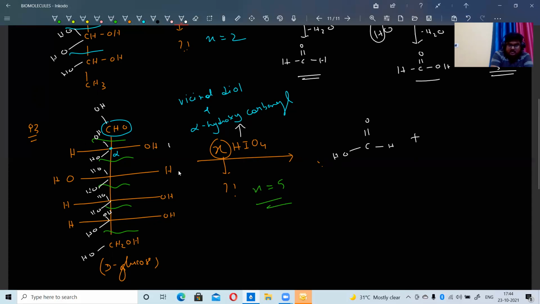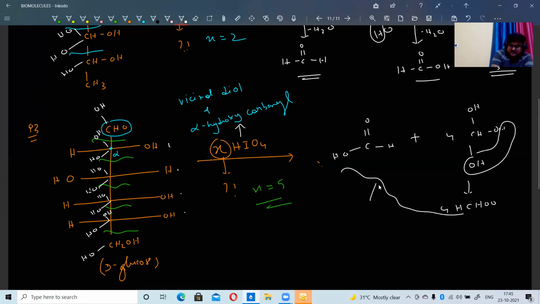In this case, 1, 2, 3, 4, 4 cases, you write down this way. OH is present, another mole of OH is present. Now just removal of water. So what you get? You get 4 mole of HCOOH. Now when you add these two, we get 5 mole of formic acid and 1 mole of, from here, CH2OH OH. From here you get 1 mole of formaldehyde.